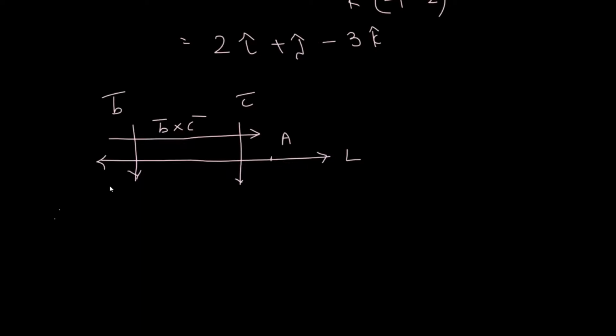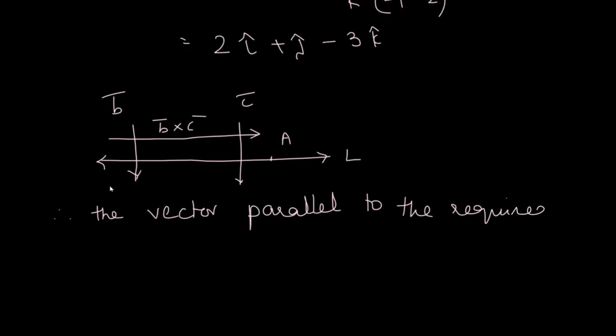Okay, so therefore we say that the vector parallel to line L, that is the given line, or the required line, is in this case B cross C, because we have named them as B and C, the vectors.